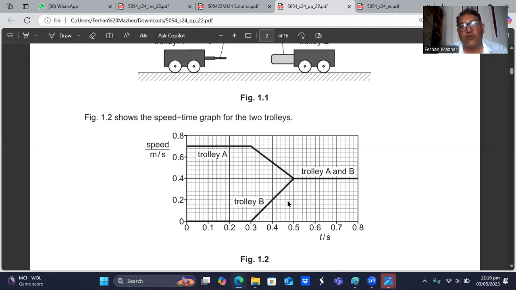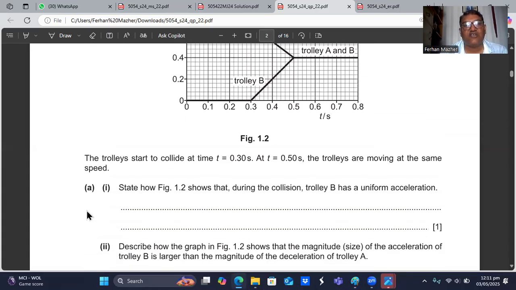At 0.5 seconds, they are moving at a constant speed of 0.4 meters per second, and they stick together. From 0.3 to 0.5 seconds, the speed of trolley B is increasing and the speed of trolley A is decreasing. So the trolleys start to collide at t equals 0.30 seconds. At t equals 0.5 seconds, the trolleys are moving at the same speed.